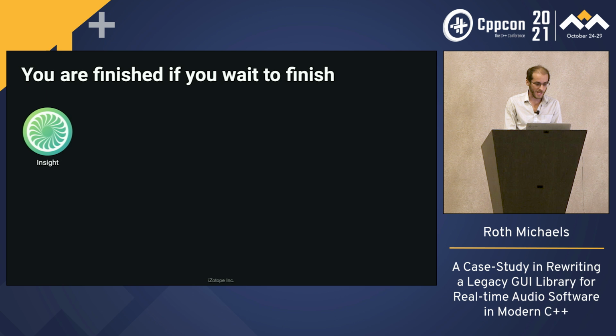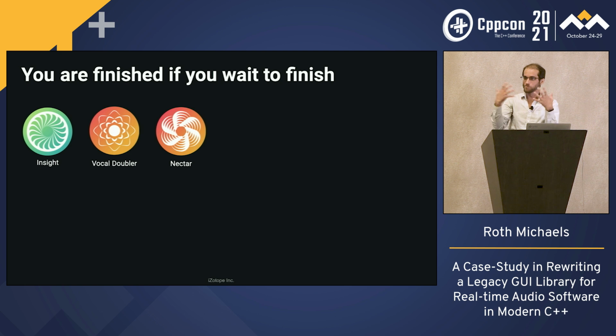So, for example, in the very early days, one of our plugins, Insight, got an update, and really all it got new was a layout engine. There was nothing else. Focal Doubler and Nectar started to use more of the new technologies with some rendering, etc. But this whole thing I'm talking about today, the properties, didn't exist yet. We were still using the old system or just C++ getters and setters. And so we shipped 3 products.